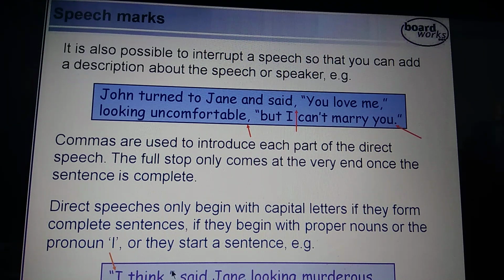Then the quotation mark ends, then said Jane, the person who is speaking, looking murderous. Again a comma, then another sentence said by the same person. You shouldn't capitalize this one as it is already part of the sentence. Full stop here, then finally the quotation marks.